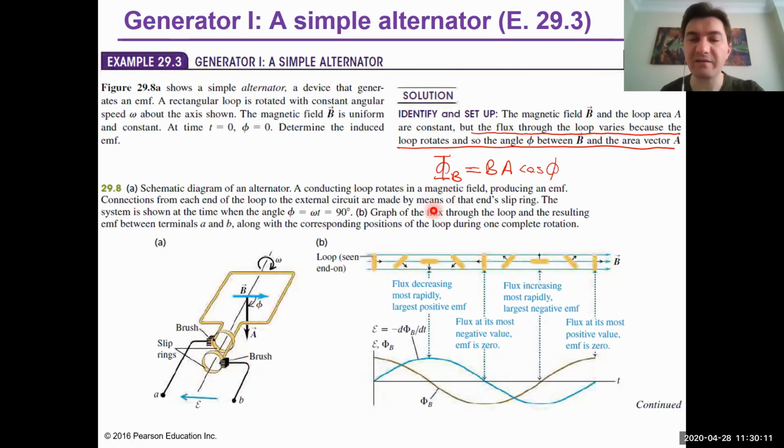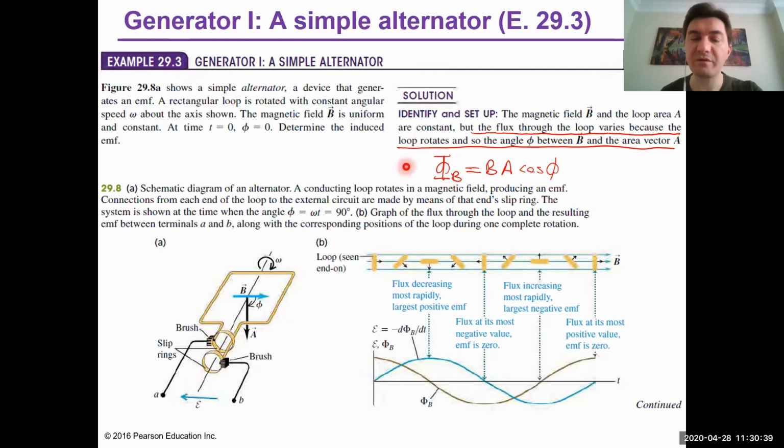Again, the flux is given by B times A times cosine phi. But B is constant here, A is constant, but the angle phi changes as a function of rotation, okay? Phi angle changes, then cosine phi changes, then we have a changing flux.